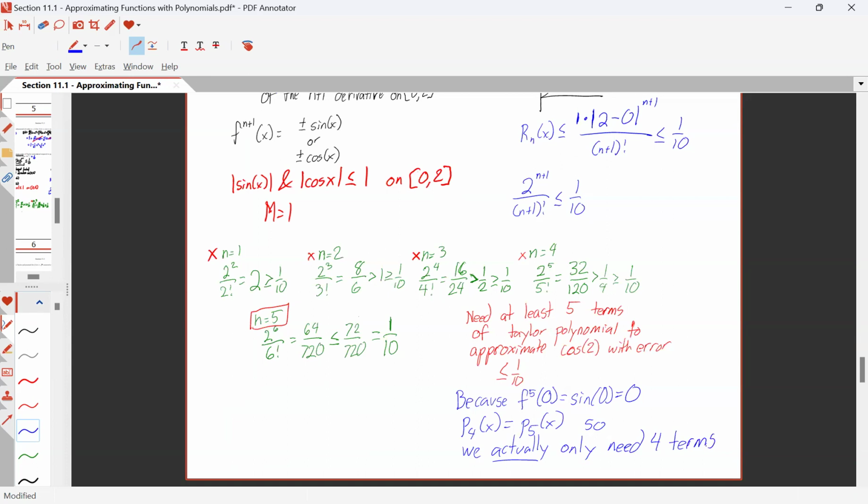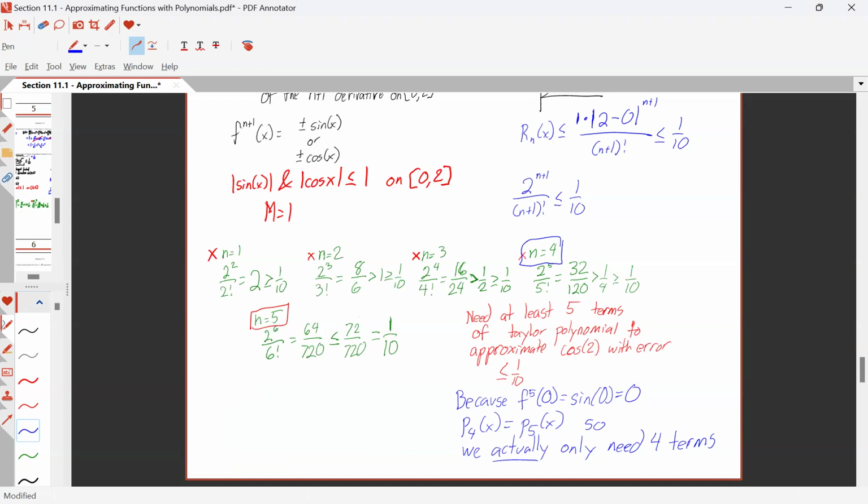And if we were to actually calculate out the actual error, by using the polynomial and finding exactly what cosine of 2 was, we would see that we do achieve that small enough remainder at n equals 4.